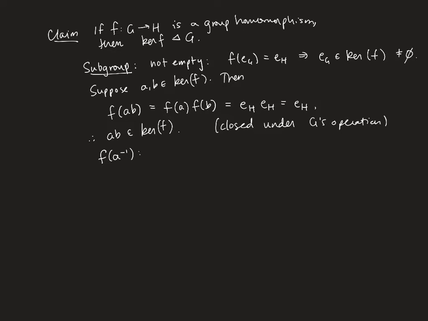I think we proved this in another theorem earlier, that f of a inverse is the inverse of f of a in the group H. So now this is the inverse of f of a in H. And that means that this is the identity in H, and then we apply the inverse, and H's identity is its own inverse, which tells me that a inverse is in the kernel of f as well.